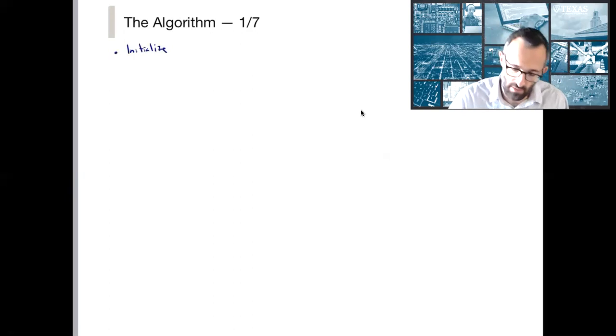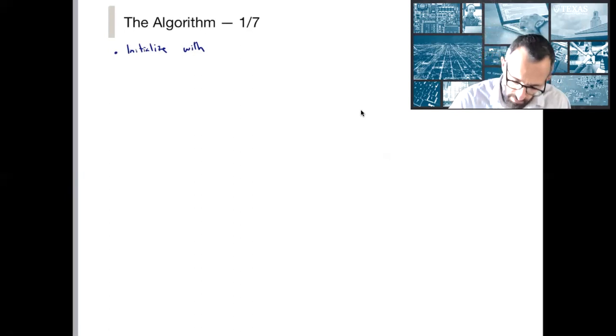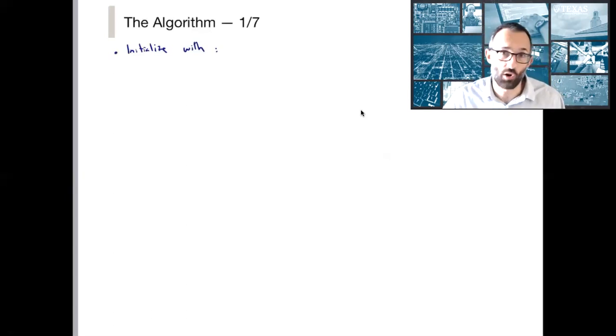in a way that's typical for primal-dual algorithms. For many combinatorial problems, either the primal or the dual, in this case we care about the dual, has an obvious choice or a simple choice for a feasible solution. And in this case, we're going to initialize with y being 0 everywhere.